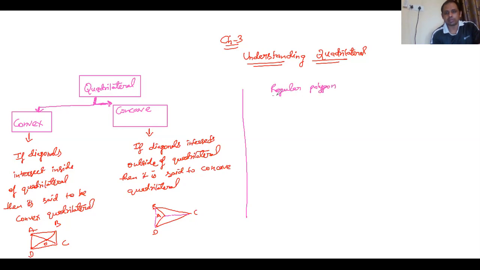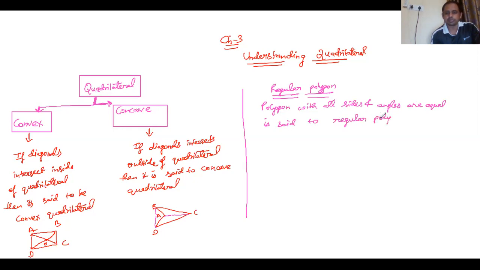A polygon with all sides and angles equal is said to be a regular polygon.